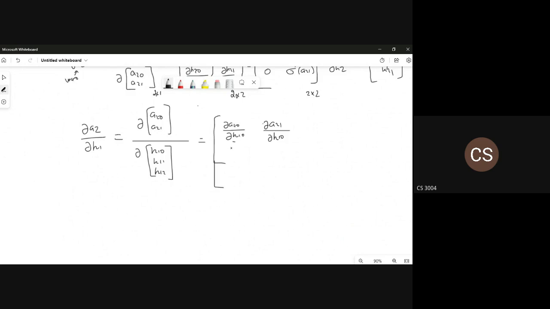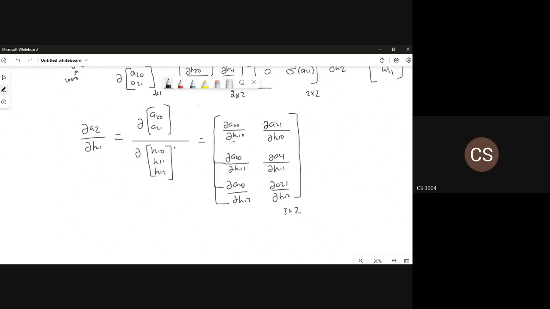So the next row is going to be dou a2 0 by dou h1 1 and then dou a2 1 by dou h1 1. Then the next is dou a2 0 by dou h1 2 and dou a2 1 by dou h1 2. So what is the size now? It is 3 by 2.